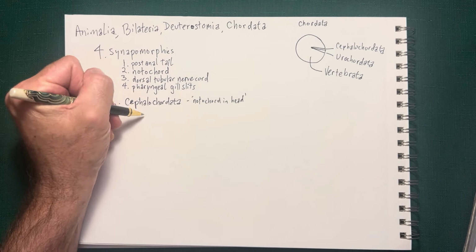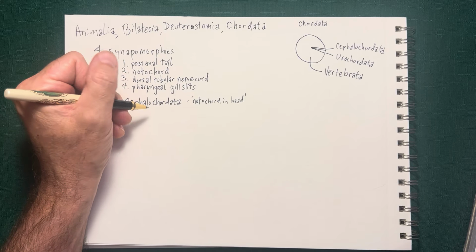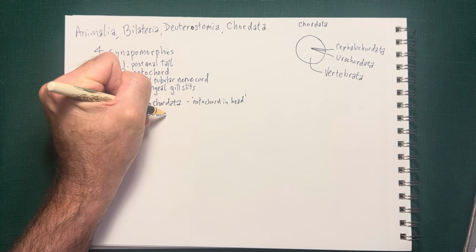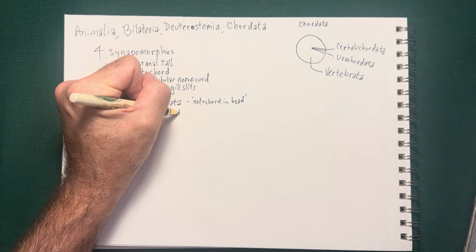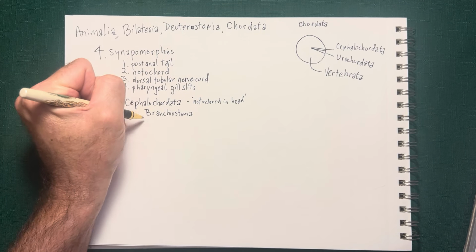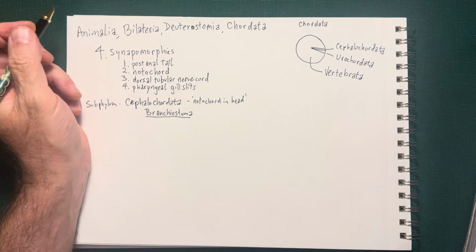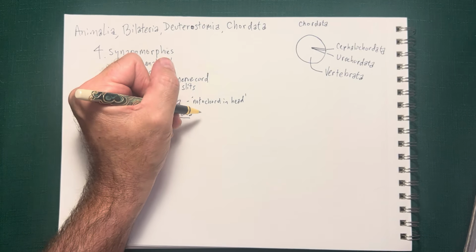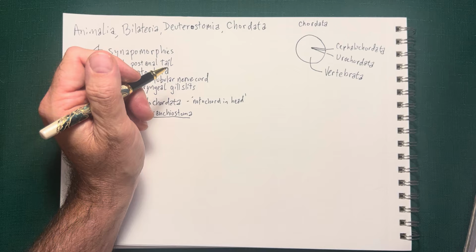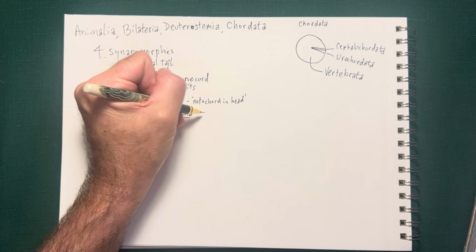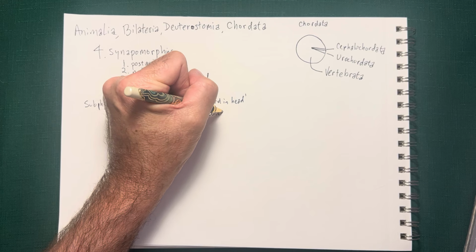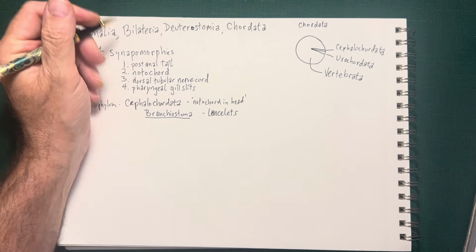And members of the Cephalochordata, there's not that many of them. We have one genus that I know of. We used to call it Amphioxus. Now the name is Branchiostoma. And these are lancelets.